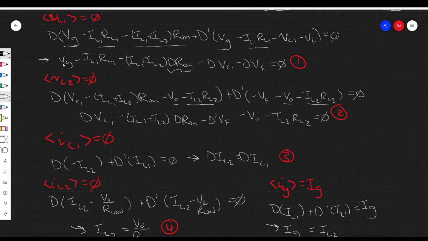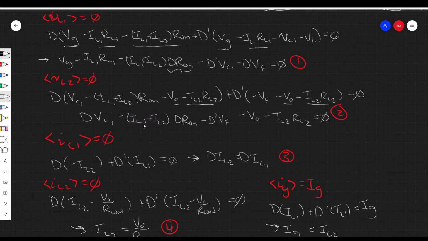So we have Vg, a dependent voltage source, Vg. Then we have IL1 times RL1. So basically IL1 flows through this loop, so we have a resistor RL1. Then we have this D R on, right, which is kind of interesting, and it's multiplied by IL1 plus IL2. So somehow R on is shared between the two loops, and that kind of makes sense, right?